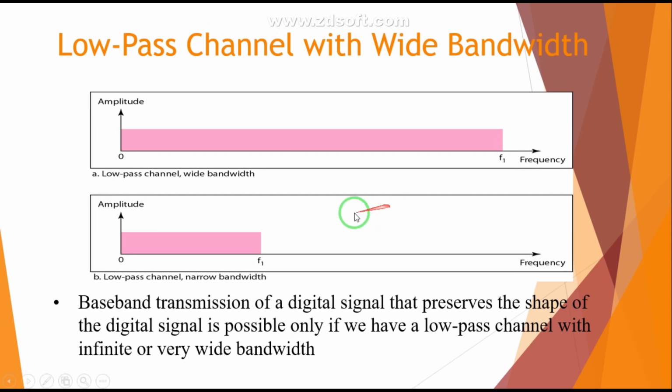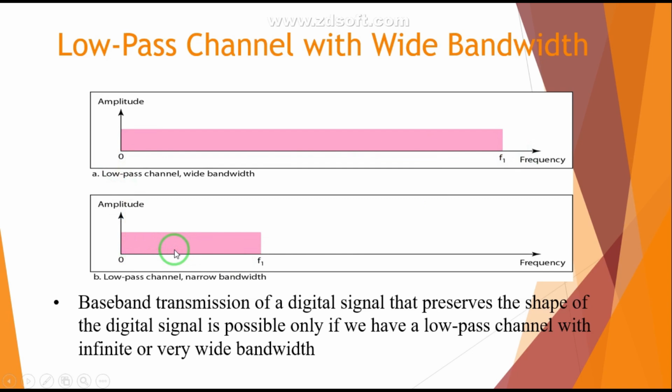So baseband transmission of a digital signal that preserves the shape of the digital signal is possible only if we have a low pass channel with an infinite or a wide bandwidth. Low pass channel. How to recognize a low pass channel? When the frequency of that channel starts from 0 to a particular frequency, see, it is f1.